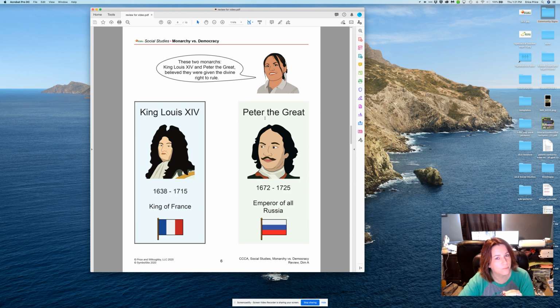And if you remember, that means they believed they were given the power to rule from God. They were in charge, and they believed that God gave them this power. Then we have Peter the Great, who was from 1672 to 1725, and he was the emperor or the czar of Russia. So those are the two that we talked about specifically.